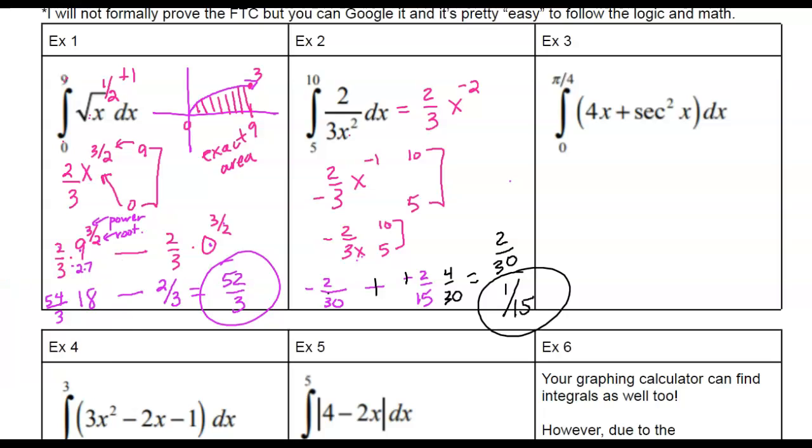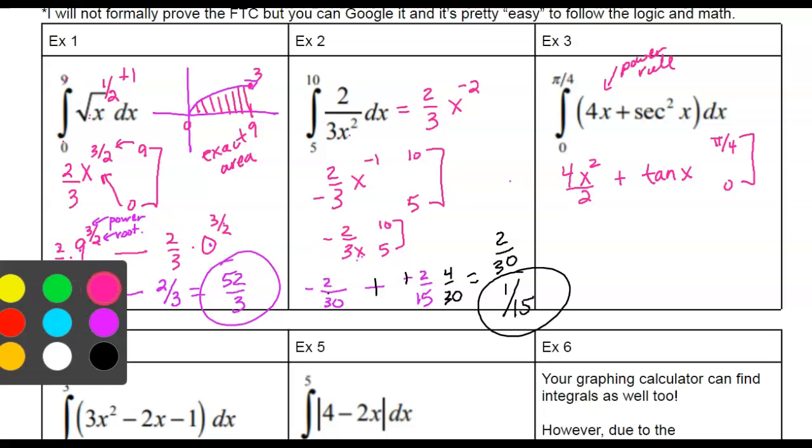So when we integrate, this one's going to be a power rule. So 4, I'm going to add a power of x and divide by it. And then I have to think, well, what trig function had a derivative of secant? Well, that was tangent. And we're going from pi/4 to 0.